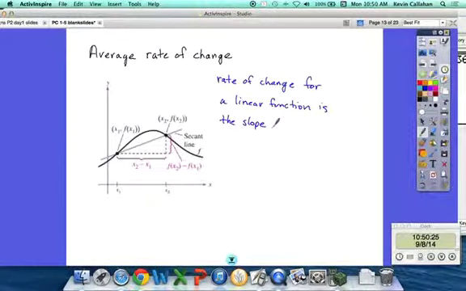It's telling you how much the y is changing for how much the x is changing. Well, we're not doing linear functions. We're doing functions that actually have a changing slope. Like this graph, you can see it's increasing to a certain point, which means it would have a positive slope. It's decreasing after a certain point, which means it has a negative slope. Presumably, it has a slope of 0 somewhere in the middle, but there's not one number you could put on it.